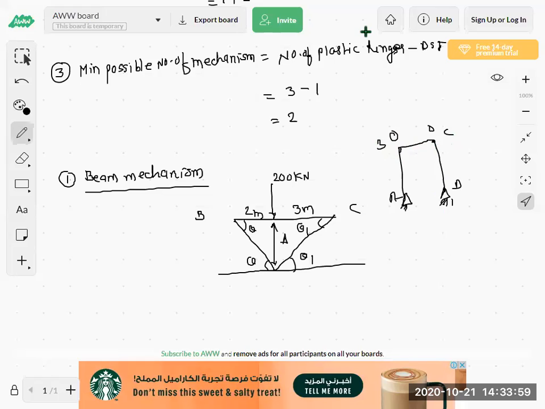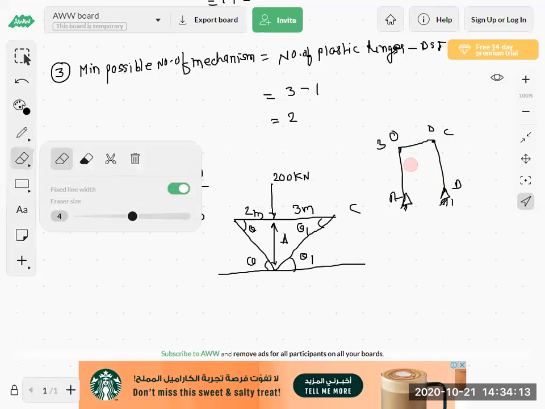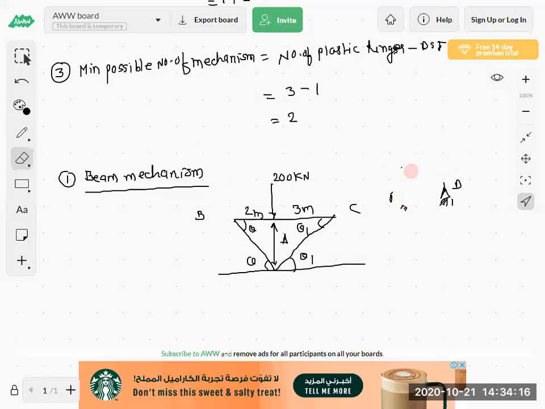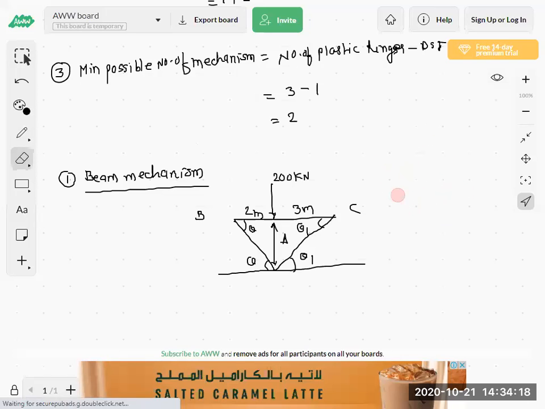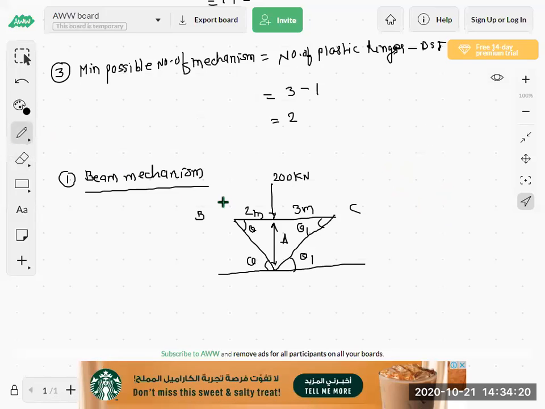Are you getting? So at B and C, always hinge will form. In the frame at B and C, always hinge will be formed. Okay. So now here at B, hinge will form.